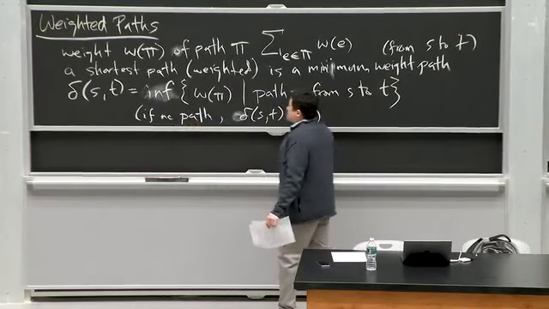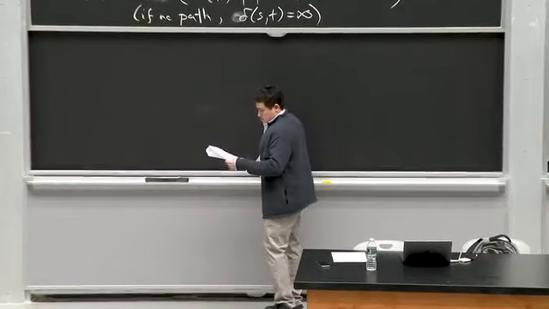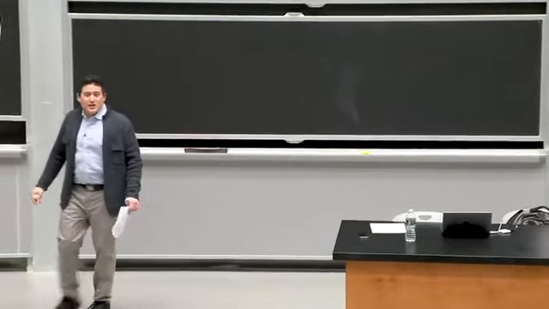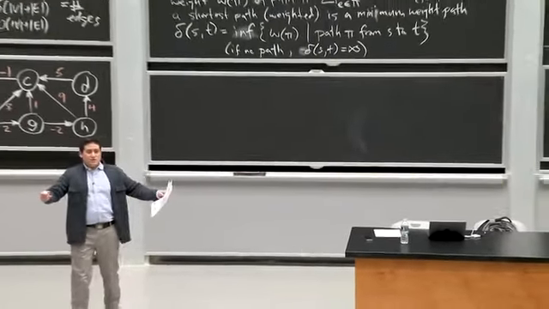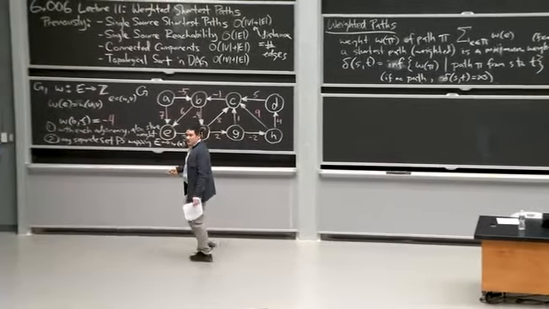So when does that occur? When could we have our shortest path go through lots and lots of vertices? Well, let's take a look at this example here.